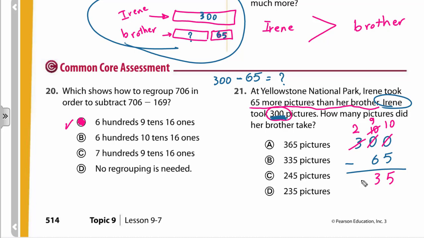And 2 minus nothing equals 2. So which one is the correct choice? The correct choice is D, 235 pictures. Thank you, Adam. Great work.